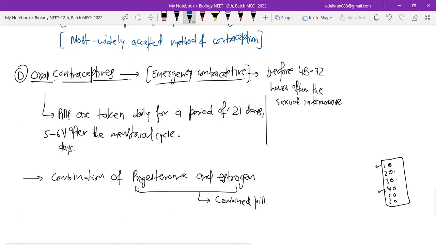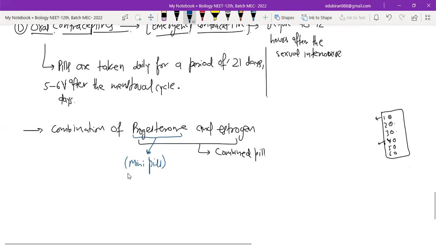But if only progesterone is present, it is called a mini pill. Not used much now. The mini pills which used to come only had progesterone, the synthetic version of it, which is called progestin. It is a synthetic progesterone. Is it clear, everyone?